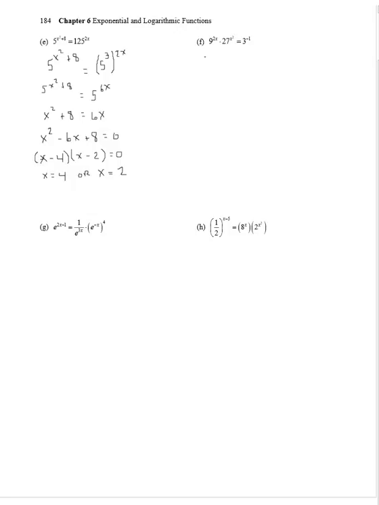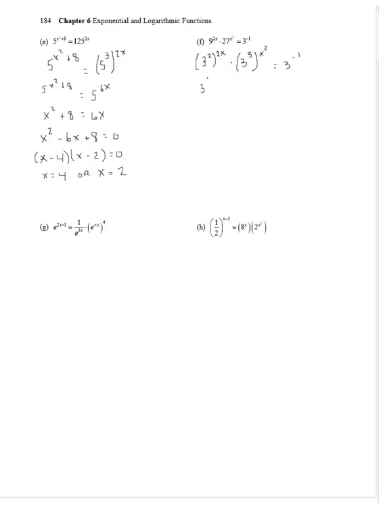Okay, on this one, we need everything in base 3. So 9 is 3 squared, and that's raised to the 2x, times 27 is 3 cubed, and that's raised to the x², and that all equals 3^(-1).